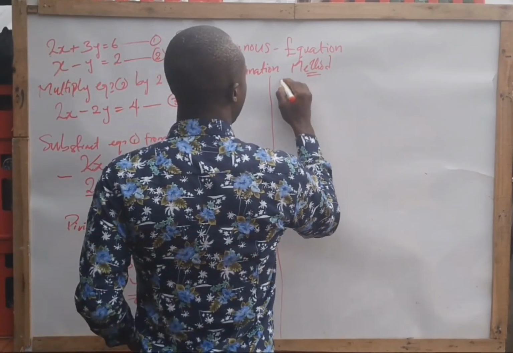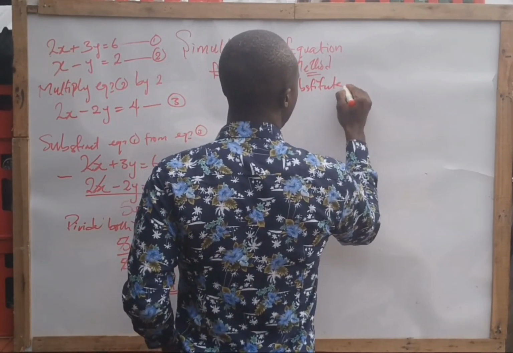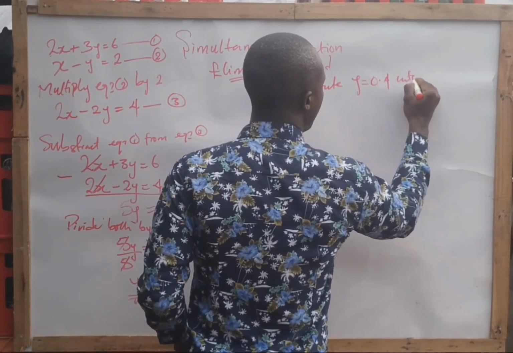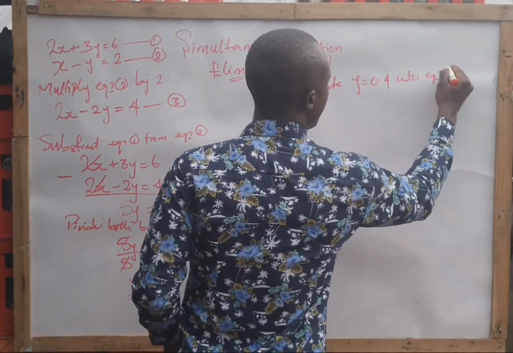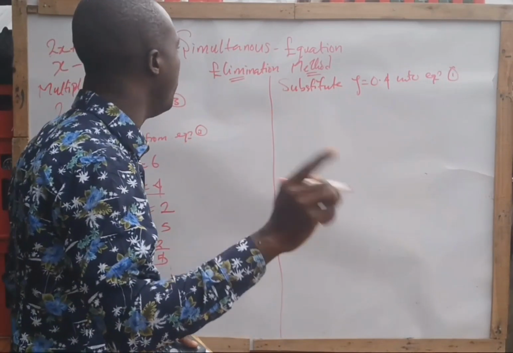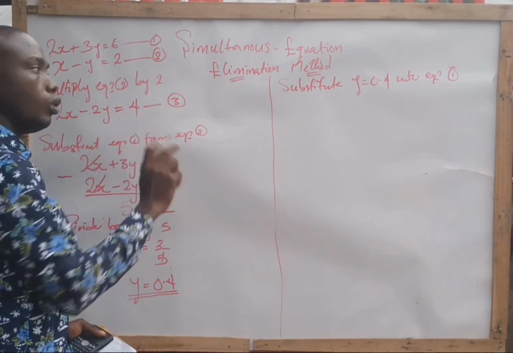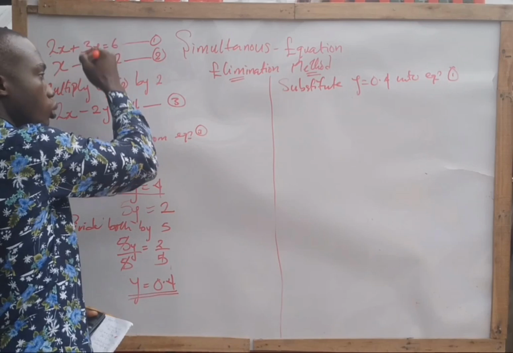So now, moving further, we do what? We say substitute y, which is equal to 0.4 into equation 1. Into equation 1. Please don't make that mistake by substituting it into equation 2. No, we are not substituting into equation 2, but into what? Equation 1.